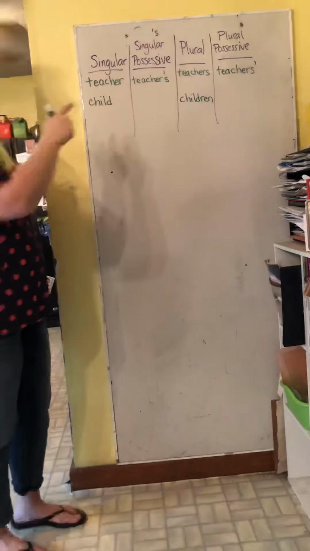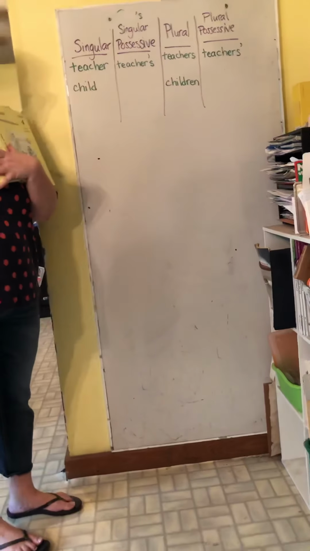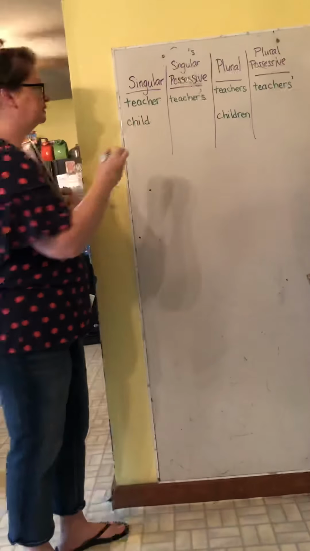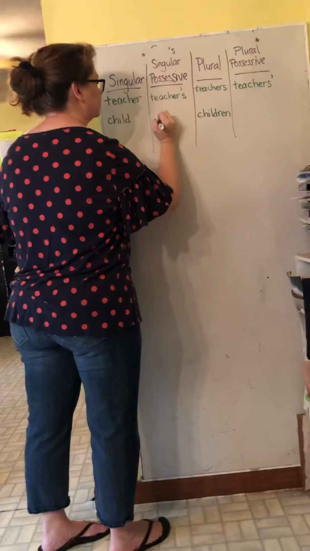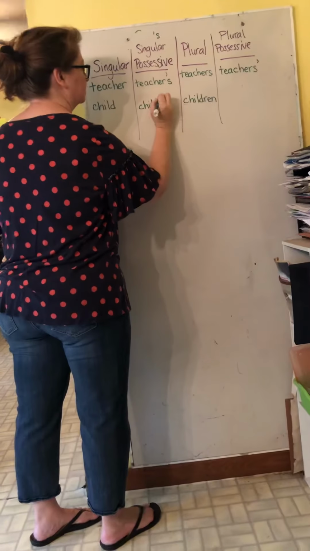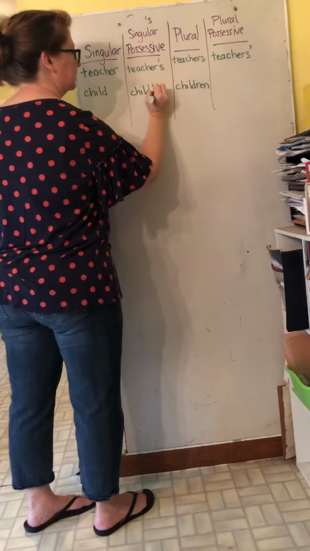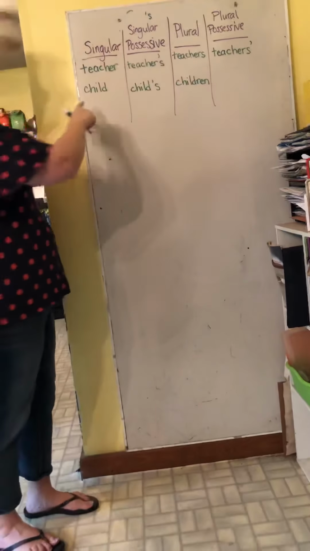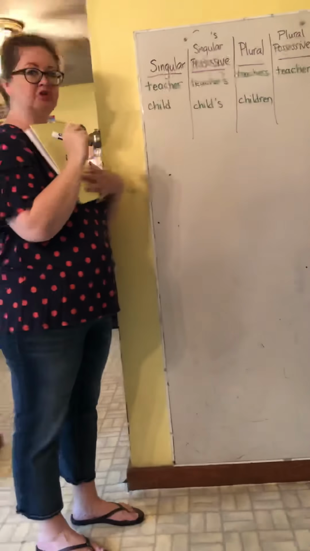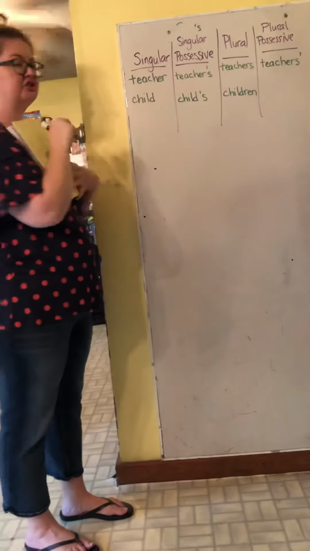Okay? If the child had a doll, it was the child's doll, then I'm going to do an apostrophe S, okay? Child's. The doll belongs to one child.